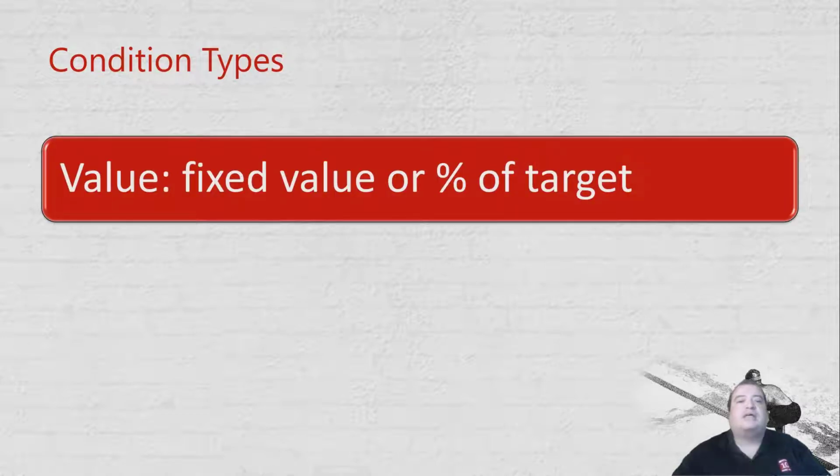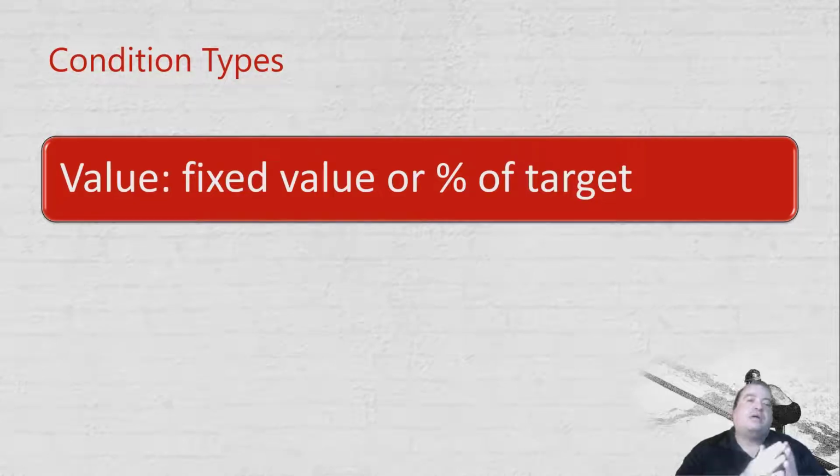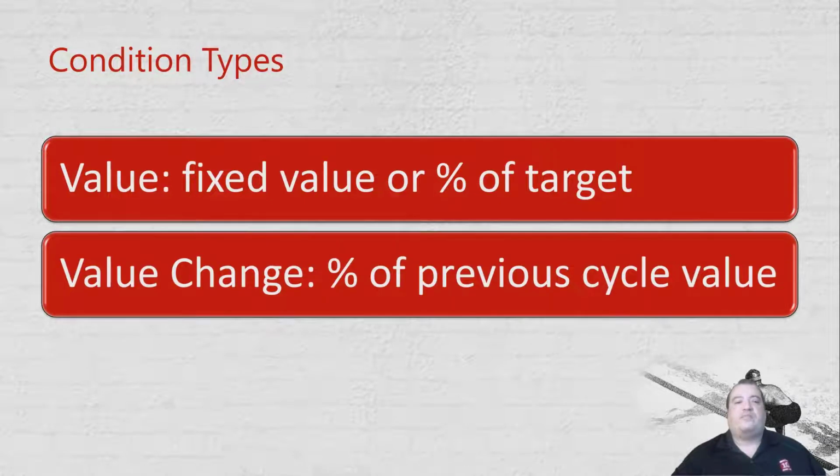So let's analyze these condition types. Value. If we choose the condition value, we can compare the value with a fixed value, not so interesting, or a percentage of the target. This is very interesting. Value change, a percentage of the previous cycle value, the previous check-in.